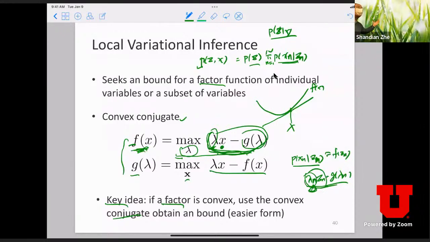This is very similar to the global variational inference, right? You restrict your approximate posterior to some simple family of distributions like Gaussian, like Student t. So although you simplify the computation, the price is that there is always a gap between your approximate posterior and your true posterior. So here comes the same result.